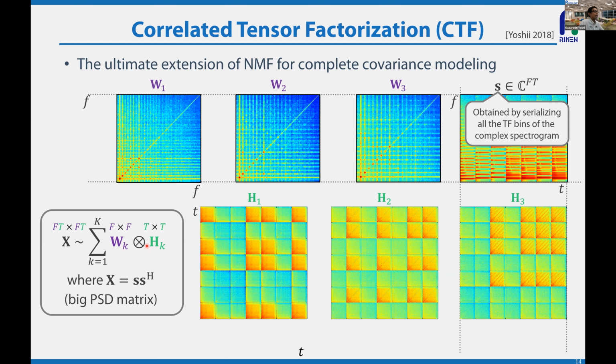In Itakura-Saito NMF, for example, the W basis vector is updated by using this formulation. And also the activation can be updated in the same way. So in CTF, the frequency domain covariance matrix and the time domain covariance matrix can be updated in a closed form like this. And here, this operator is a geometric mean of two positive semi-definite matrices.